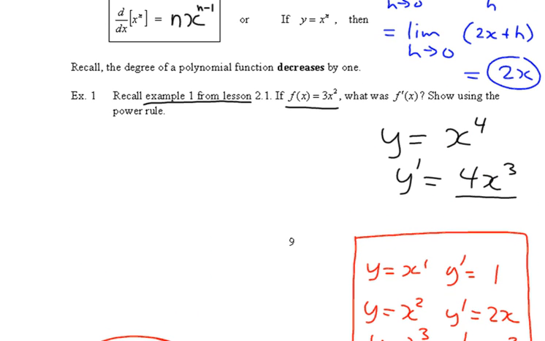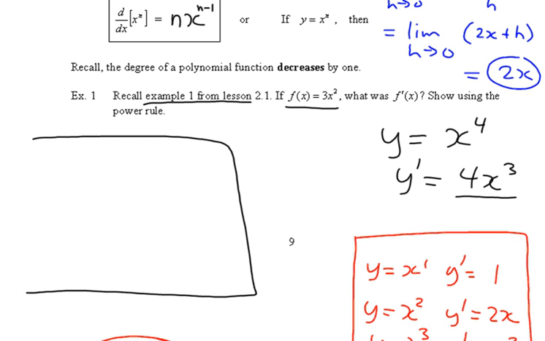All right, just before we go on, there's a couple more I'm going to throw in free of charge. The nice thing about the power rule is it works for any power, even fractional powers.